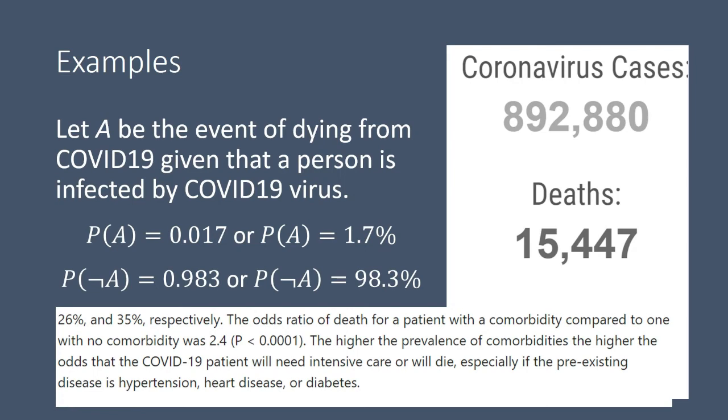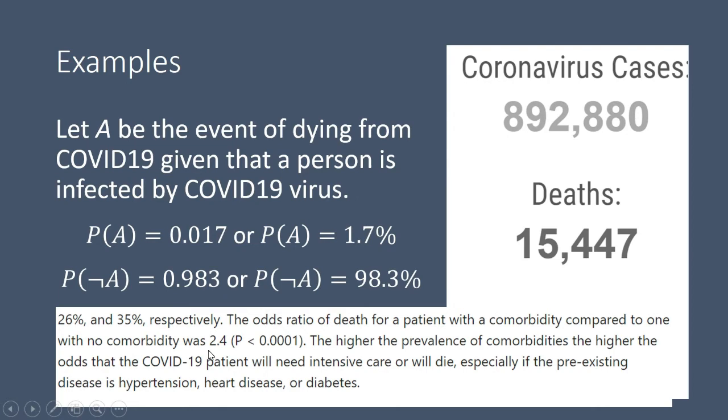So what comorbidities are we talking about here? These are pre-existing health issues like hypertension, heart disease, and diabetes. So if you had been infected by COVID-19 and you have this, then the probability that you will die is doubled.